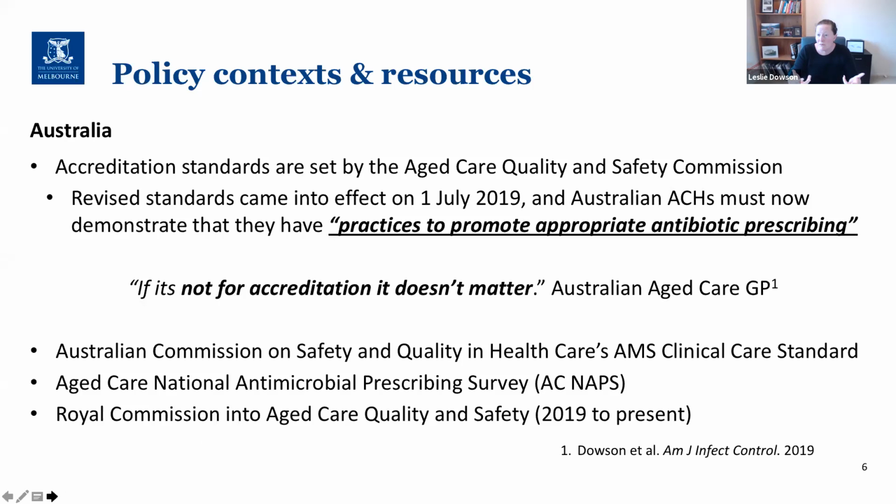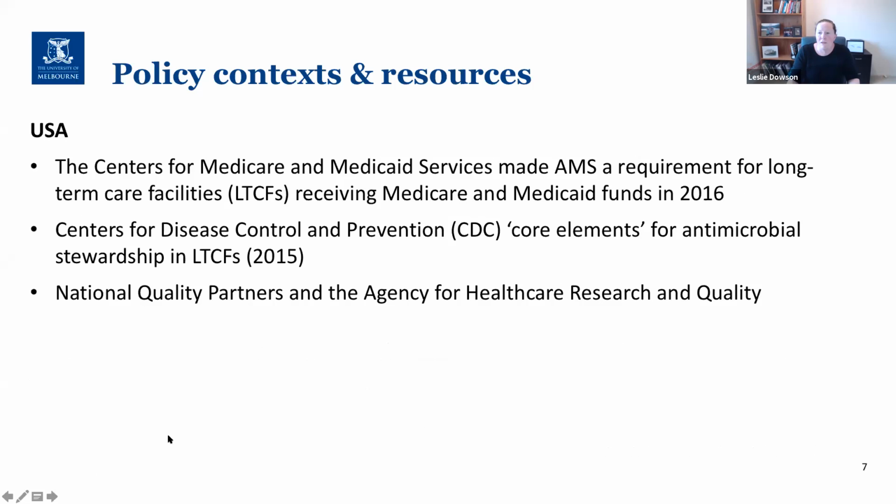Well, that's a fantastic resource that can be piggybacked on to build AMS into aged care homes, which wasn't even thought of or heard of really before July of this year. It wasn't something that we were looking towards within the sector.